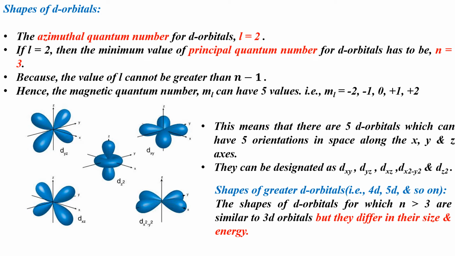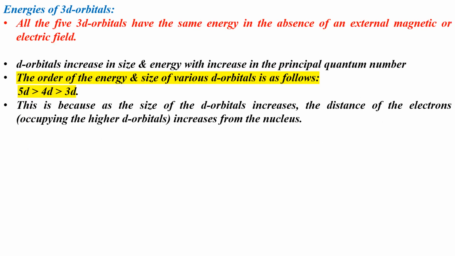Now the shapes of the d orbitals for which the value of principal quantum number n is greater than 3 are similar to 3d orbitals, but the only difference is that they differ in their size and energy. Now let's look at the energies of d orbitals. In the absence of an external magnetic or electric field, all the five 3d orbitals have the same energy.